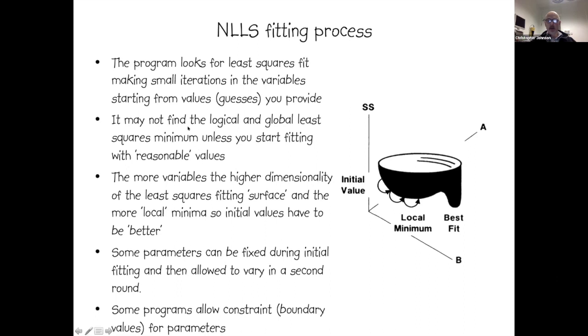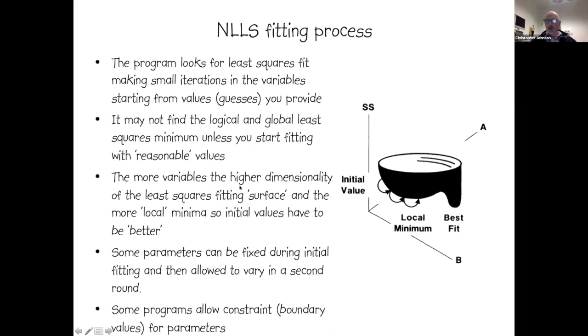And one thing to bear in mind is it may not find the local and the global least squares minima unless you start fitting with reasonable values. So if you make your values wildly different from what they actually are, the program may find a local minimum in this least squares surface and not actually converge on the best fit.